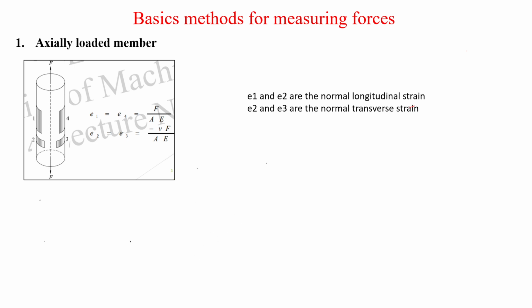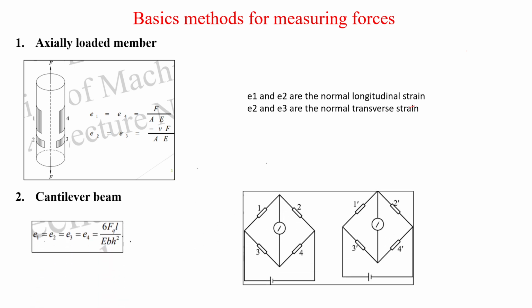Now we are going to the next method, which is called the cantilever beam method. In the cantilever beam method, for any cross section and any material, it can be a square or a cylinder or anything, we keep the strain gauges at the cross section.